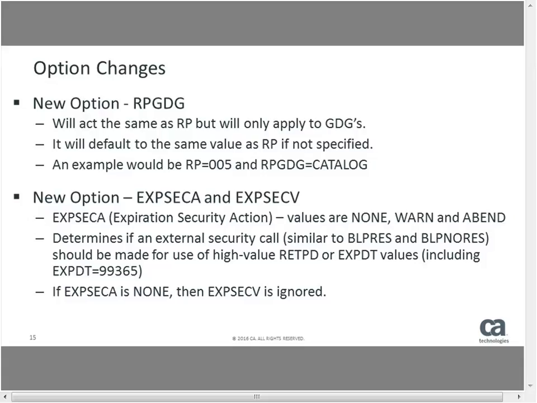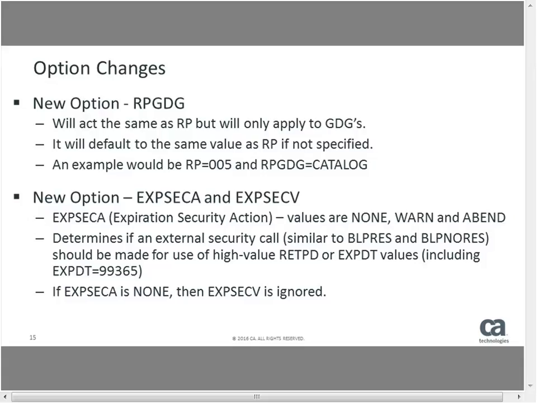We had a request from a client where they wanted to have RP set to 5 days to keep the average tape 5 days, but they wanted GDGs to go under catalog control. So you could set up RP equals 5 and RP GDG equals catalog, and you would get 5 days for any non-GDGs, and you would get catalog control for any GDGs as the default expiration date.